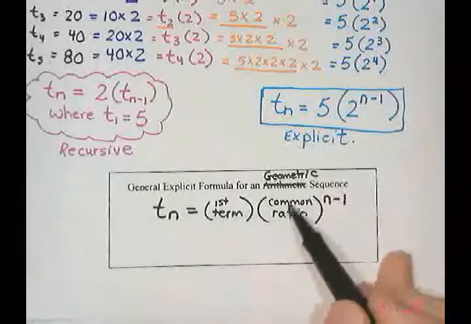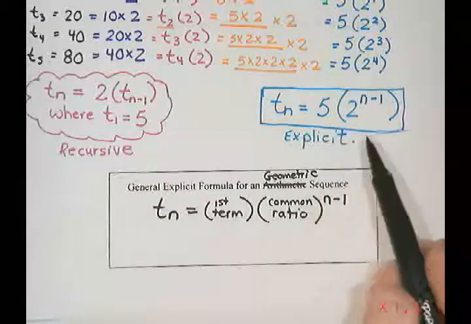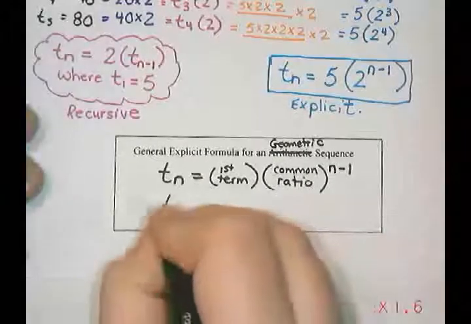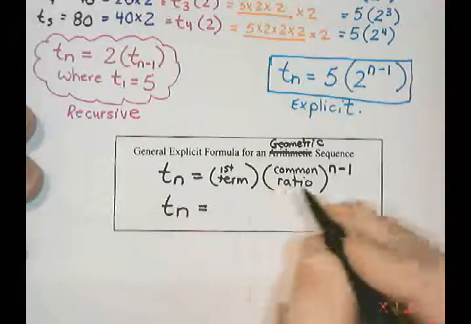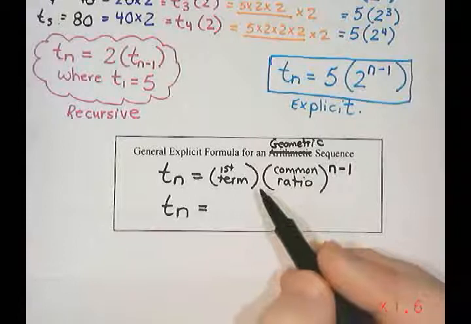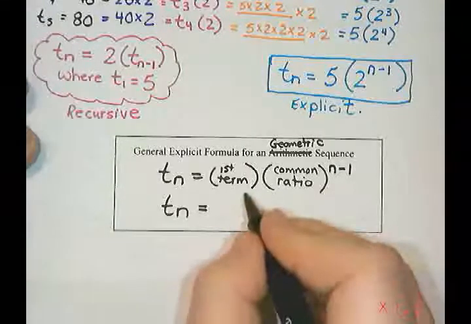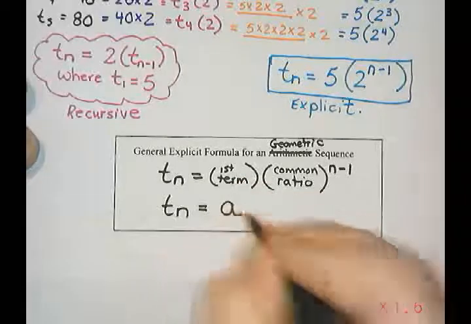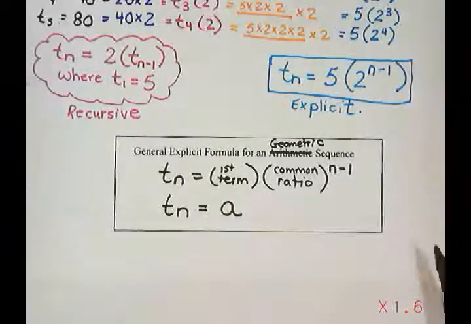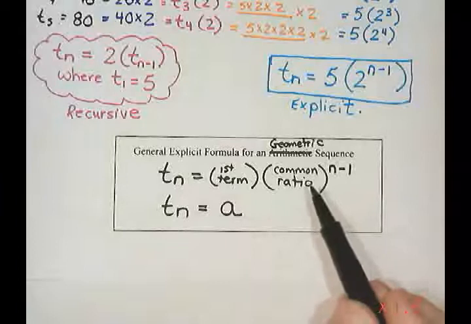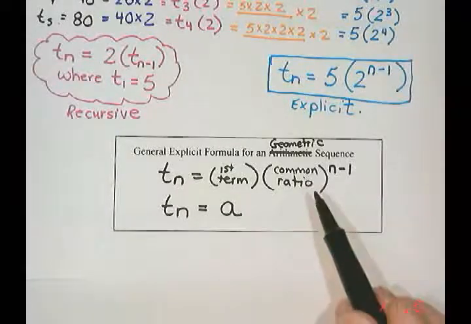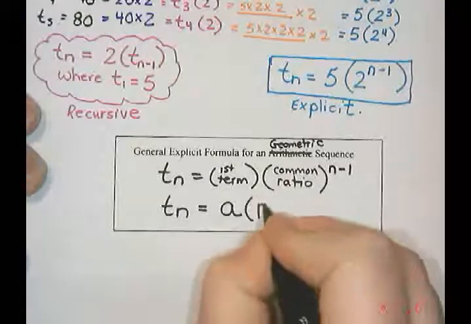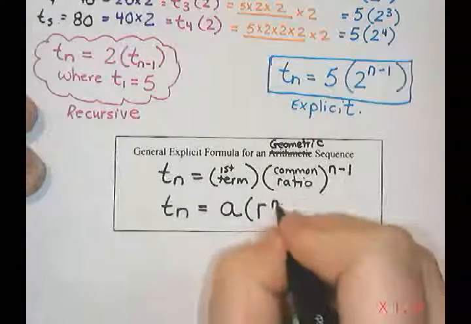So you notice my brackets are a little different just to group the words together, but the order is the same. So we want to use the letters that match what's in the textbook. For the first term, that's the same as what we did with the arithmetic. The first term in an arithmetic sequence is called A. So here we're also going to call it A. That's exactly the same. Now in the arithmetic formula for common difference, we use D. So for common ratio, we actually use R. And then to the power of n minus 1.